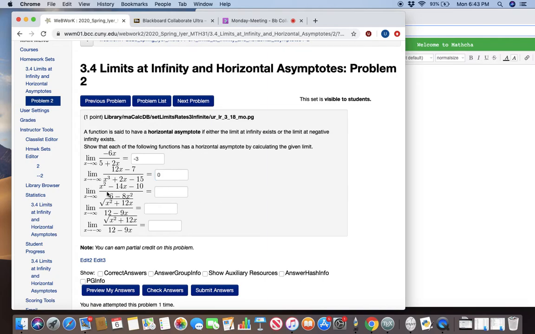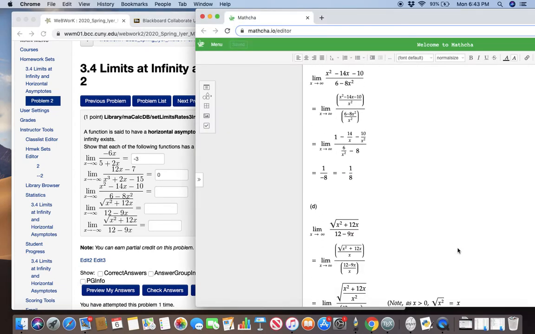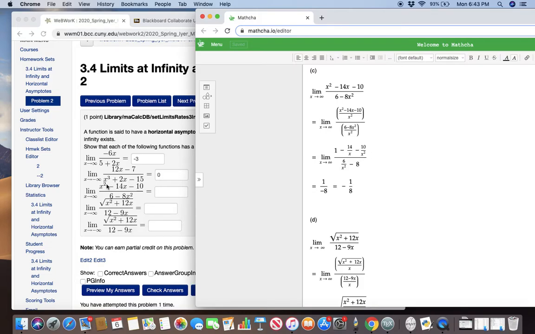Next, x squared minus 14x minus 10 over 6 minus 8x squared, with x approaching positive infinity. Again, this is a rational function, a polynomial over a polynomial.